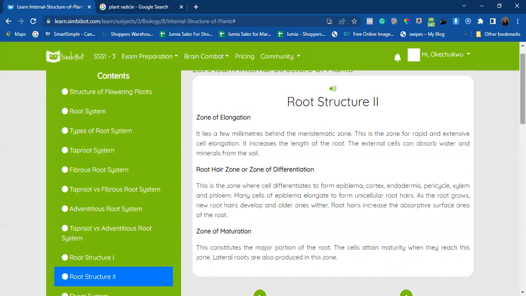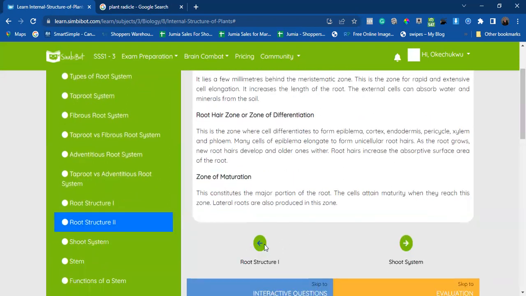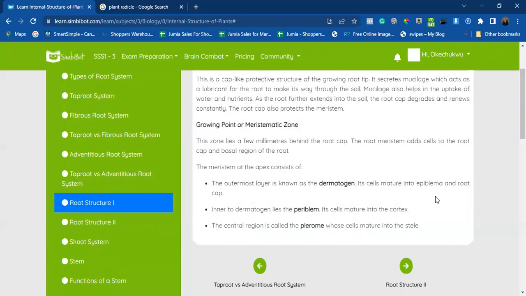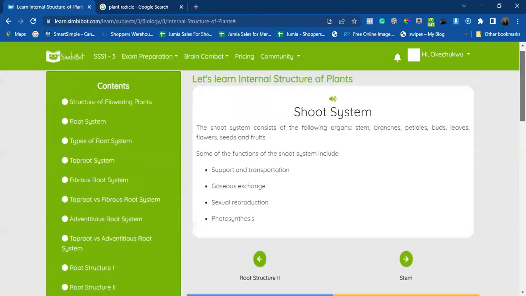Once it starts from there, we also say that there are three areas: the dermatogen, the peribrum, and the perum. The dermatogen is the outer, the peribrum is the inner of the dermatogen, and then the central region is the perum. All right, so let's move forward.